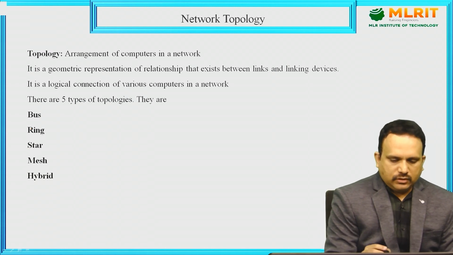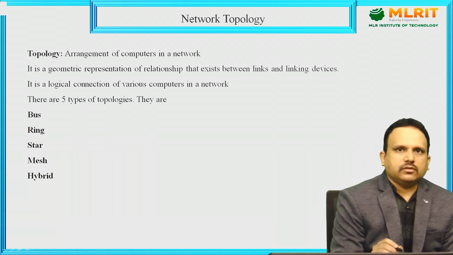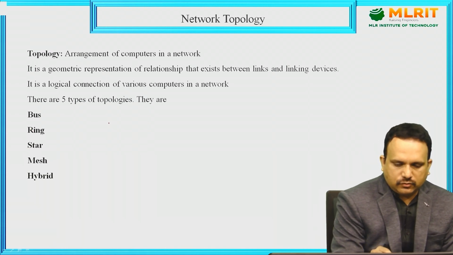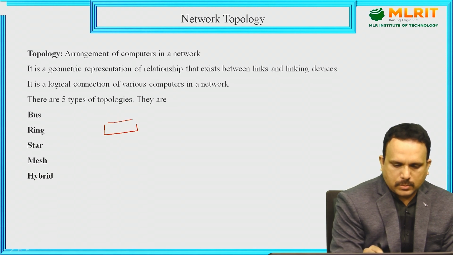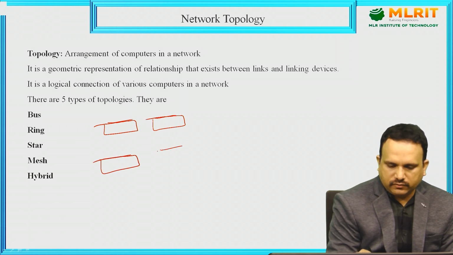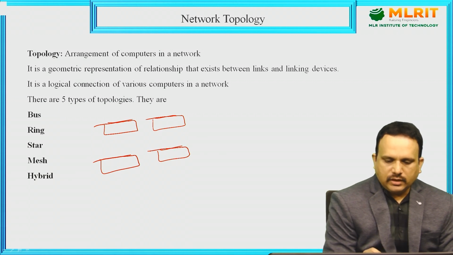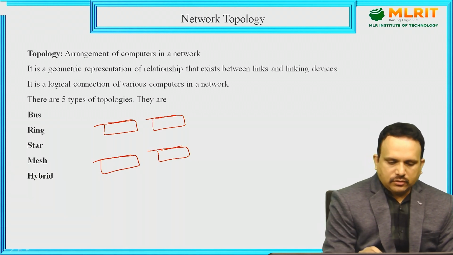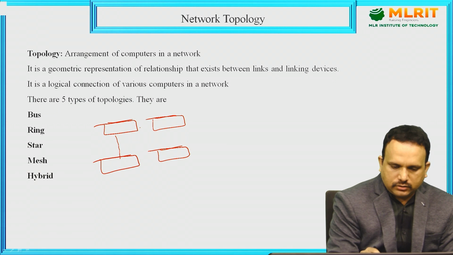Set of devices in the sense, this is one device, this is another device, this is another device, this is another device, connected by communication links. This is one communication link, another communication link, another communication link.